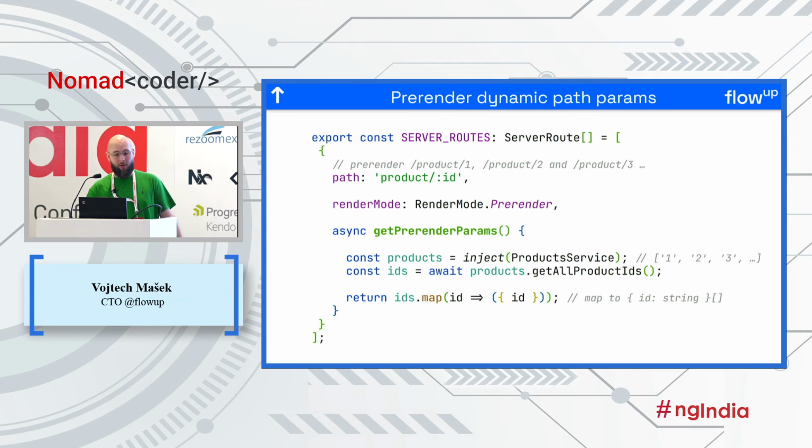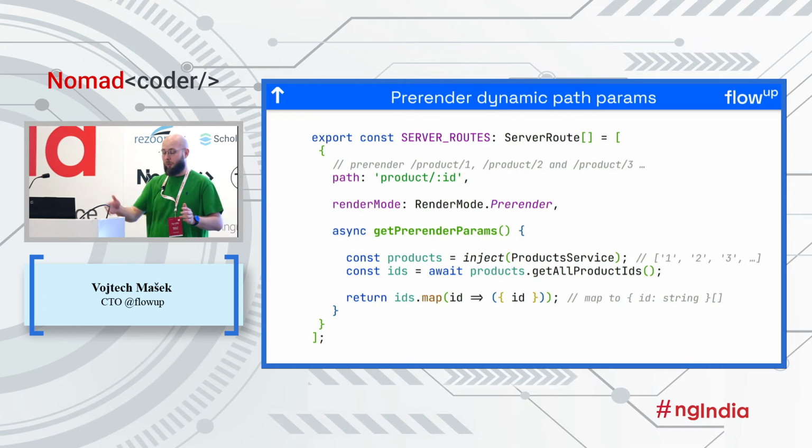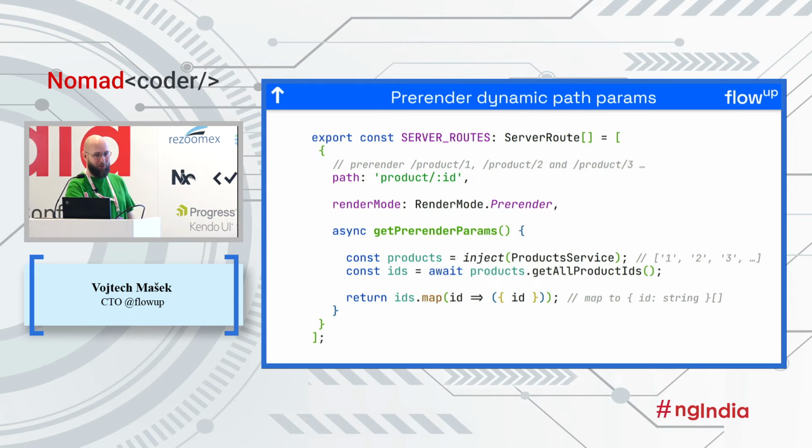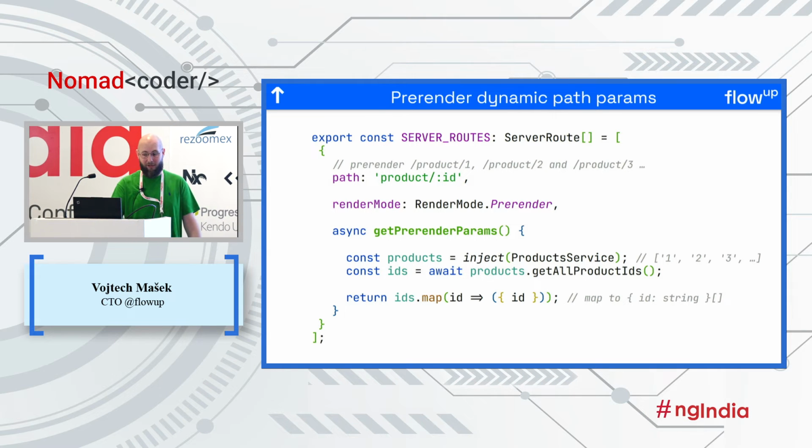Okay, then imagine that we have, or you don't have to imagine, this is a very specific example. So you have products. These products have a list of IDs, or articles for your blog post, but products are a pretty good use case. So you don't know all of these IDs. There is this definition and this ID can be whatever. So how does the pre-rendering know what this ID could be?